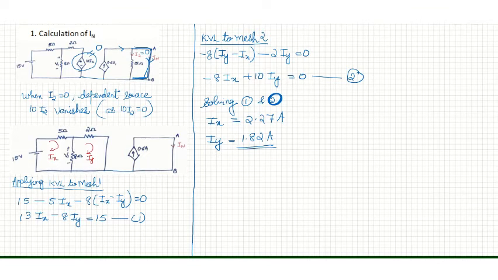Now V1, from this diagram, is the voltage with plus here and minus here.